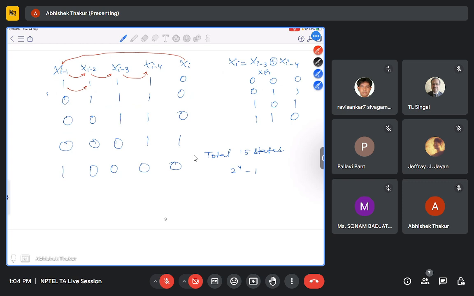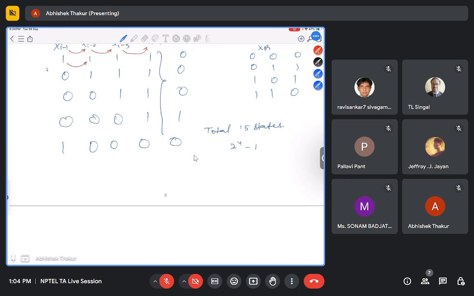So this is our output xi minus 4, and for n equal to 4, the maximum number of states it can go to is 16, but through the LFSR it goes through 15 states. We can also write all those states, but we can leave that here.